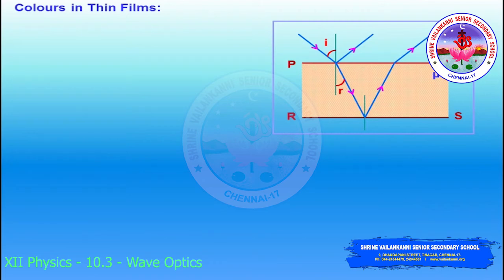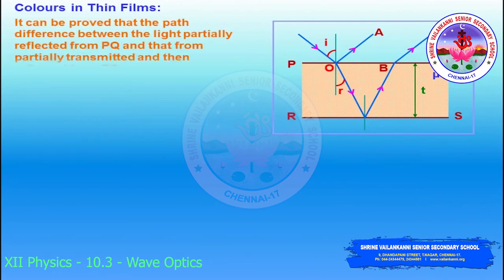When these rays are focused by our eye lens, the interference pattern becomes beautifully visible to our eyes. The path difference between the reflected ray and the refracted ray we take as delta, which is equal to 2 mu t cos r, where r is the angle of refraction, right?